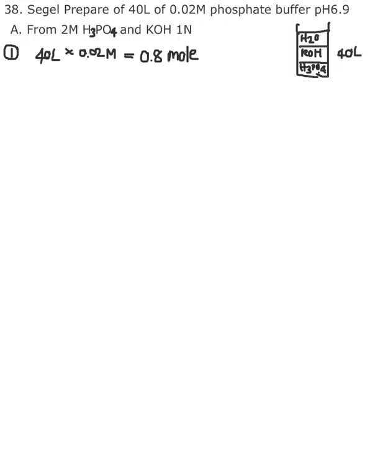And since we have 2 molar H3PO4, you calculate the amount of H3PO4 that you need to add into the beaker. What you want is 0.8 mole, but you have 2 molar.